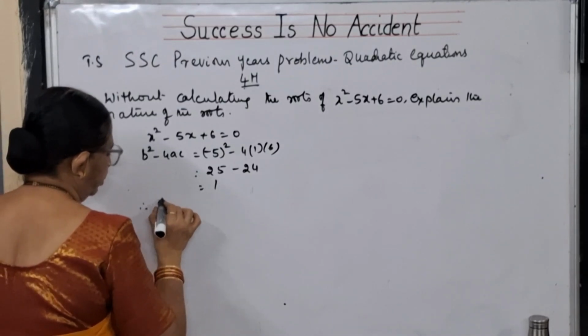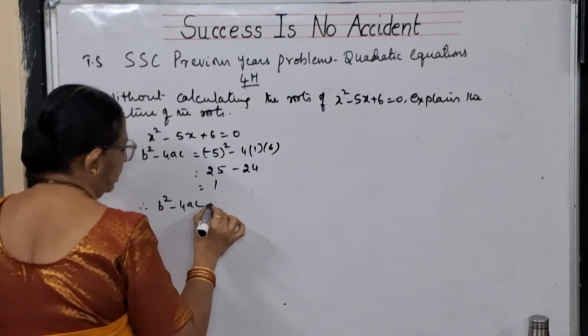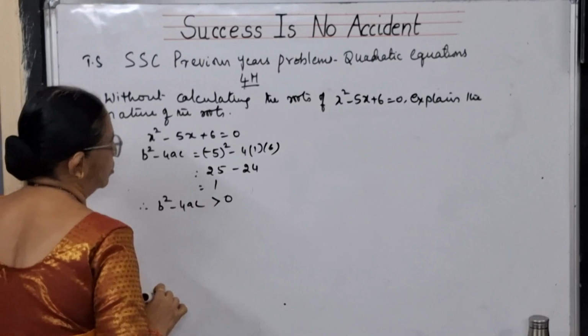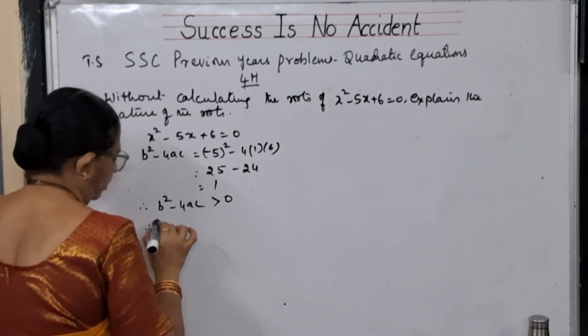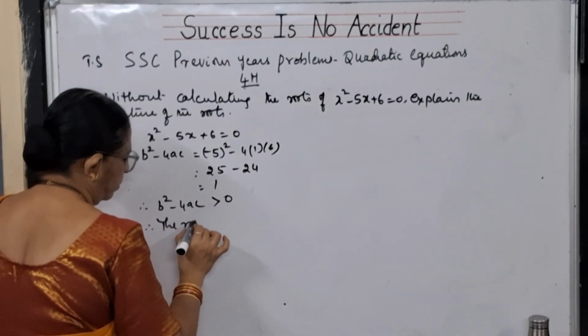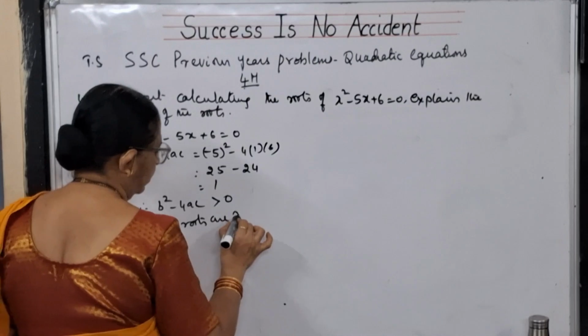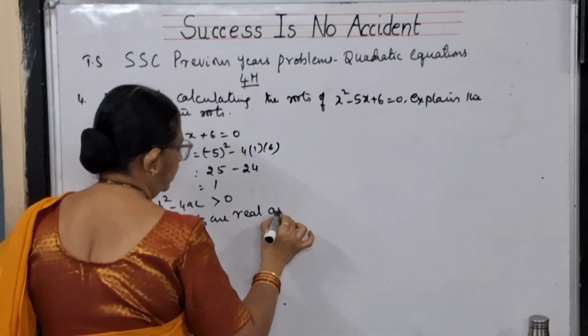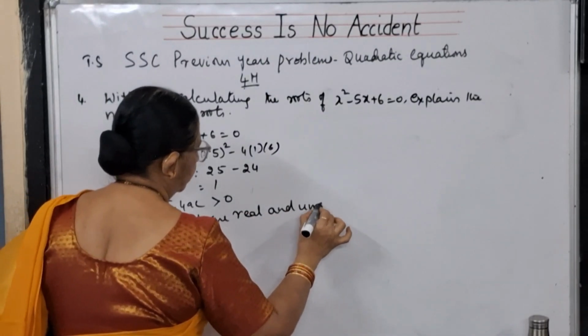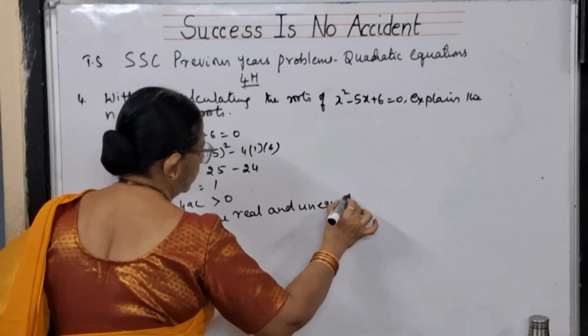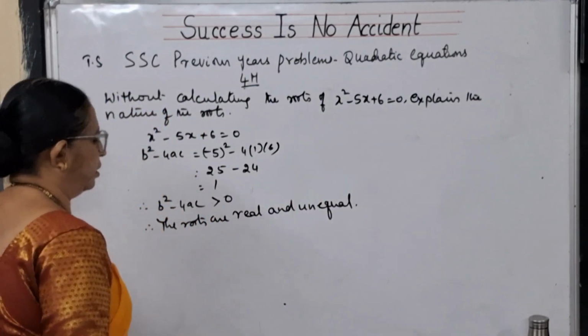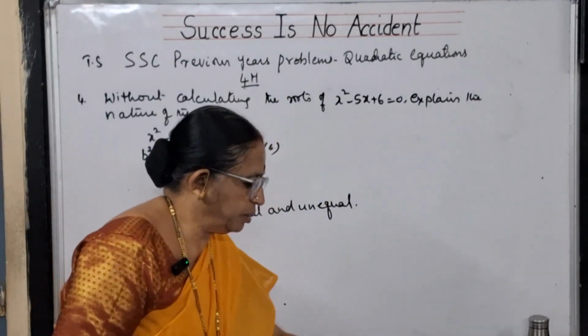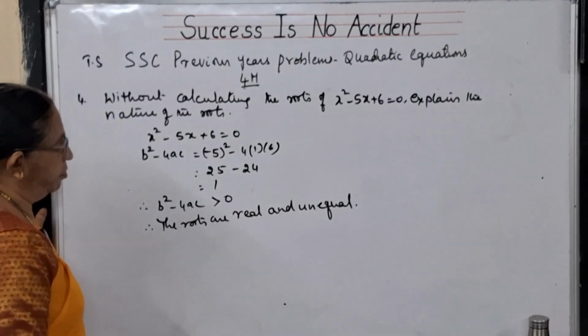Therefore, b square minus 4ac is greater than 0. So, therefore, the roots are real and unequal. Children, this is the problem. Copy it.